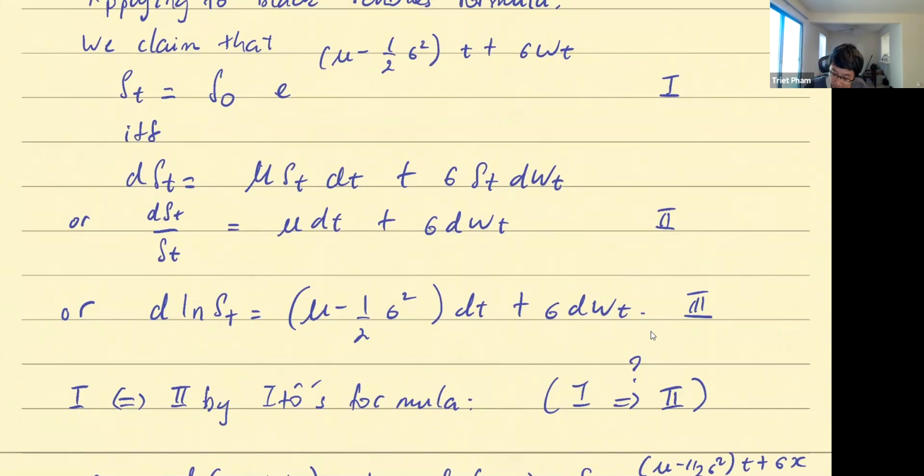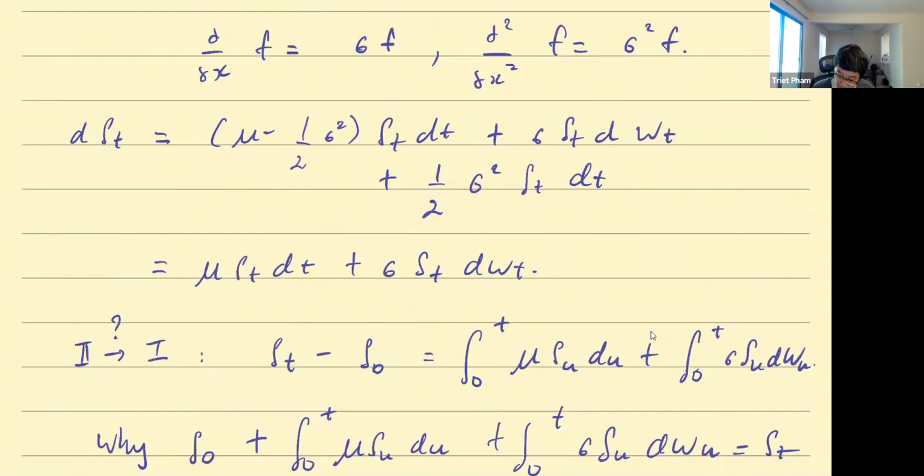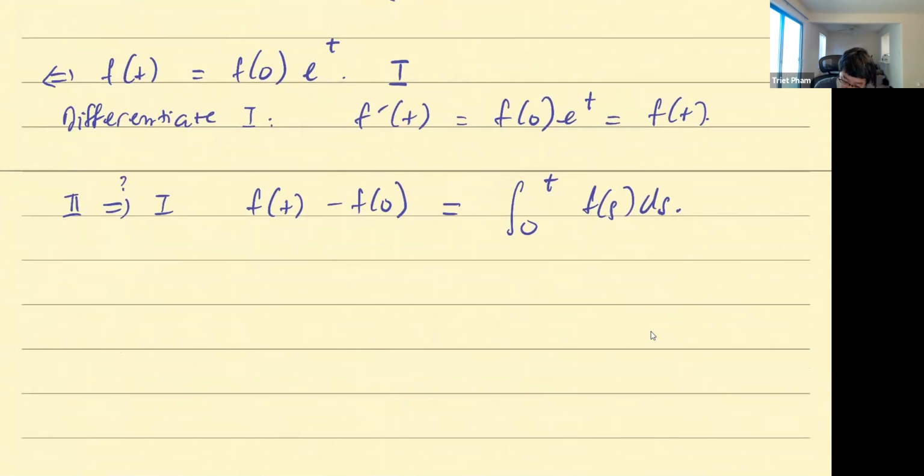Now, what about the relation between 3 and 1? The relation between 3 and 1 is actually a direct integration relation, because you can integrate this.